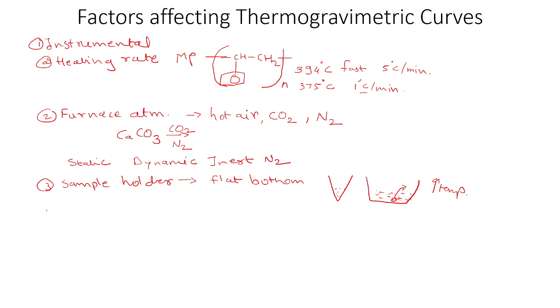And if observations are wrong, obviously your curve is going to indicate something else. Then, further errors: here I will write instrumental errors as A. Then B is the errors due to sample. So what are those errors? Then first is weight of sample.